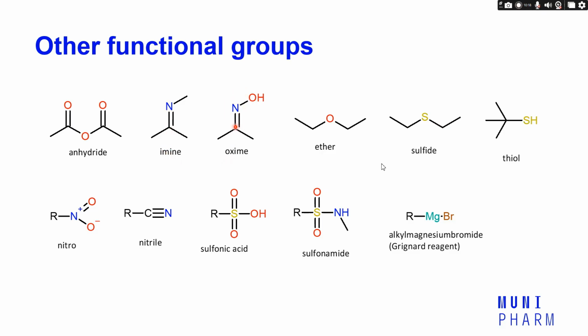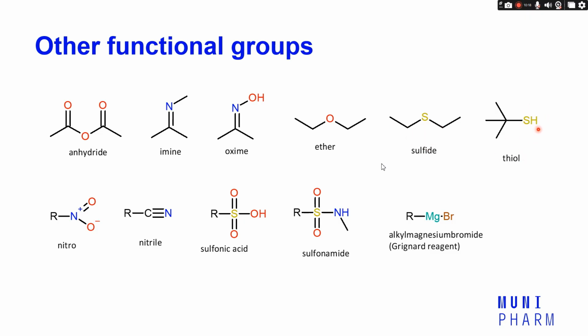This group, which is similar but with a hydroxy group on the nitrogen, is called oxime. This functional group, which is in fact only the oxygen with two alkyls, is called ether, and the sulfur analog of it is called sulfide, the alkyl sulfide.